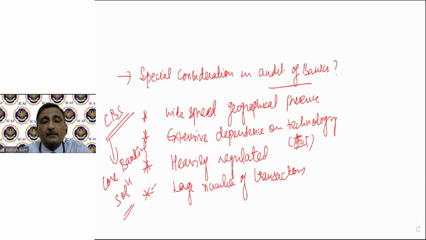Banks have to function in accordance with the procedures and rules laid down by RBI from time to time. There are inspections conducted by RBI from time to time. Therefore we say that banks are heavily regulated, and a large number of laws are applicable to banks.